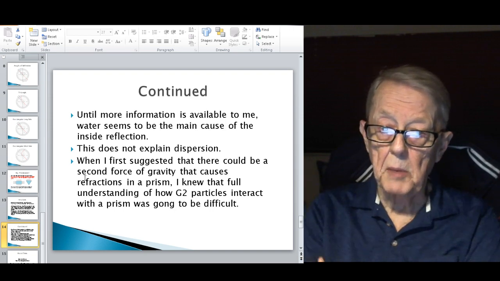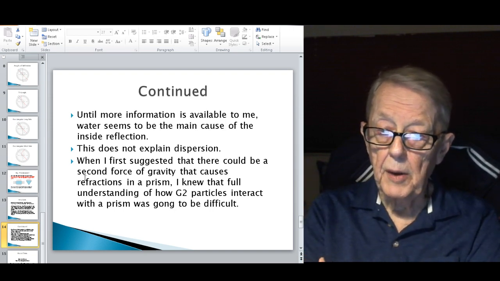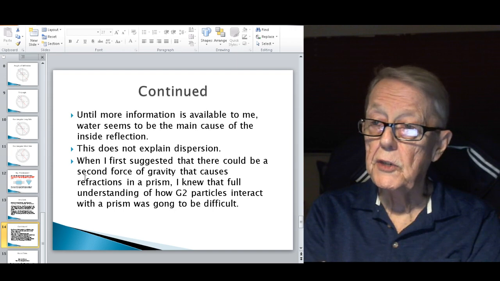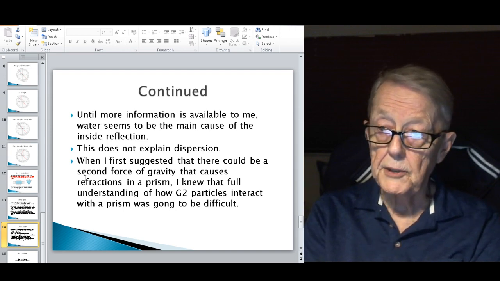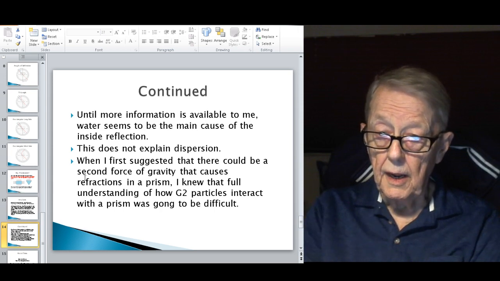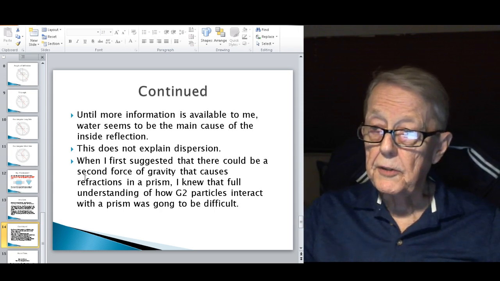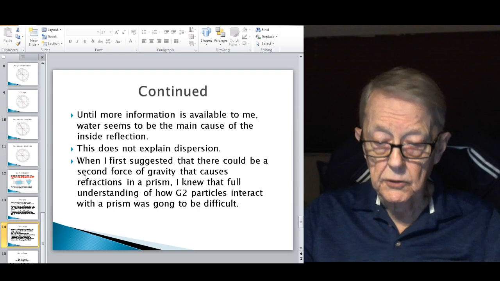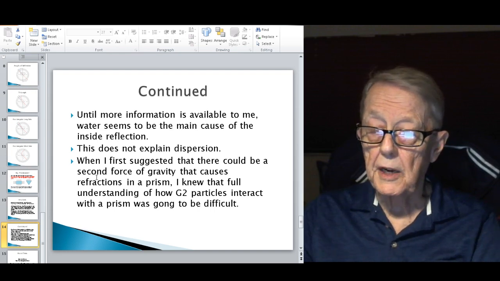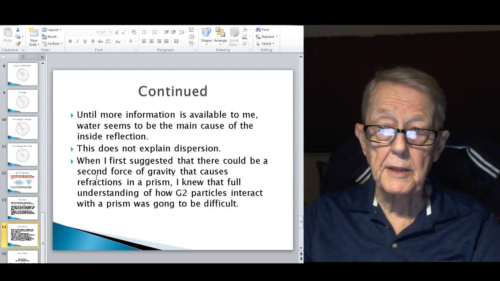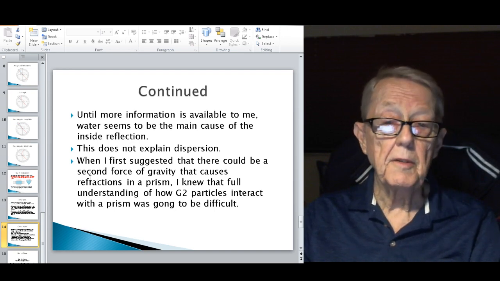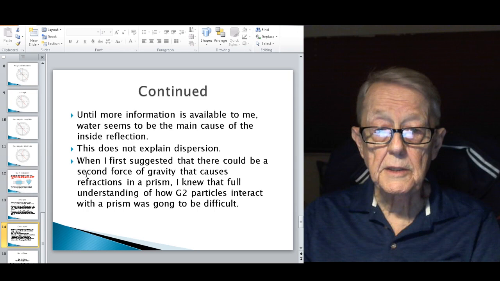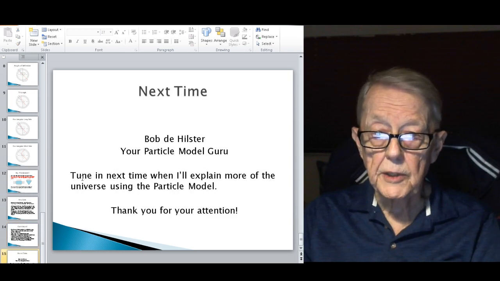What I'm alluding to here is that I generated the second gravity using a triangular prism, and then now I'm using the triangular prism to show what the G2 gravity force is, kind of circular logic, but I've applied this to many other cases. And it works very well. The fact that this is hard to explain is unfortunate.